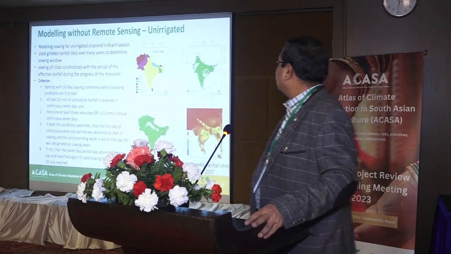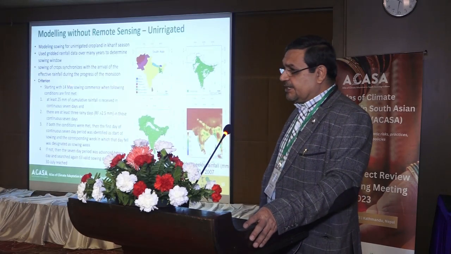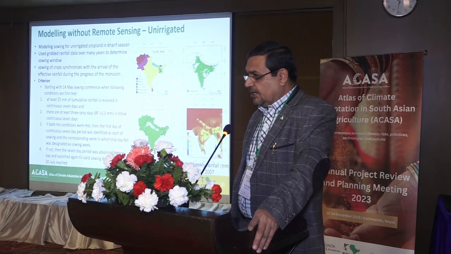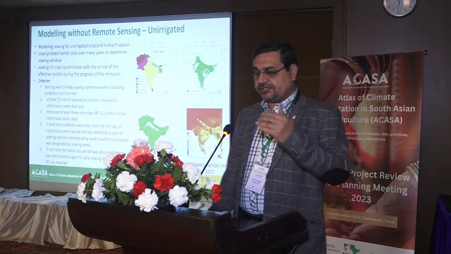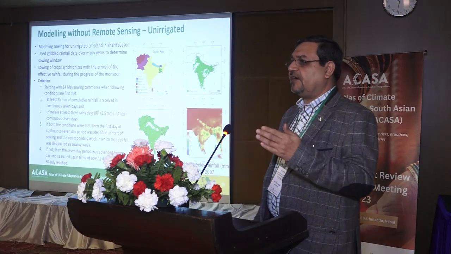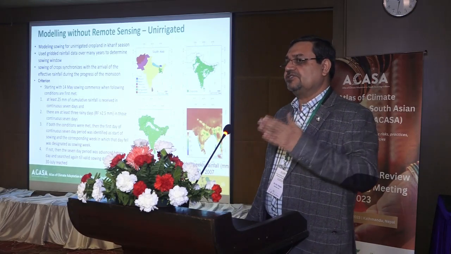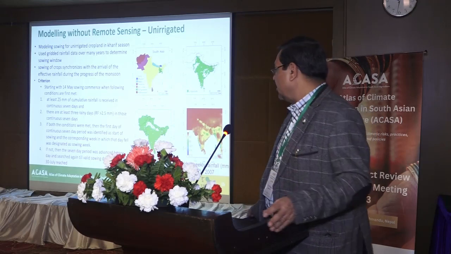Another thing is for unirrigated regions, where you have another way of doing it, especially for South Asia, because in the Kharif season the sowing dates of rain-fed regions coincide with the arrival and progress of monsoon.